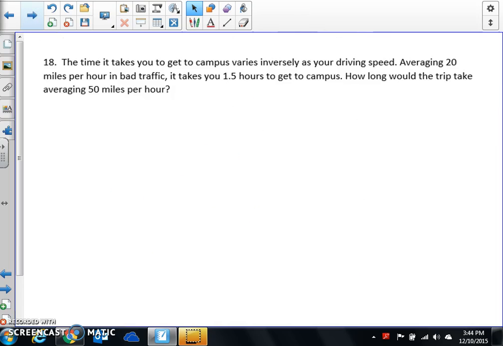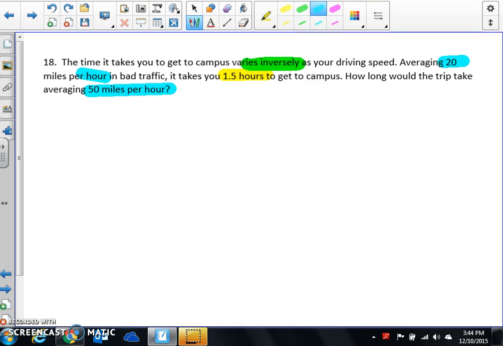All right, good old word problems. All right, so the time it takes you to get to campus varies inversely as your driving speed. Okay. If you're averaging 20 miles per hour in bad traffic and it takes you 1.5 hours to get to campus, how long would it take the trip averaging 50 miles per hour?